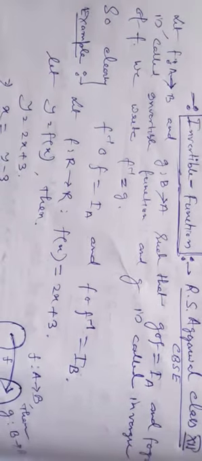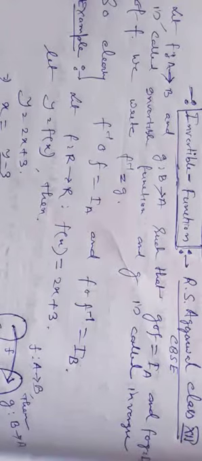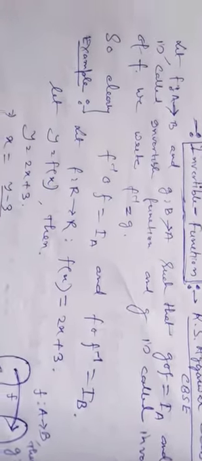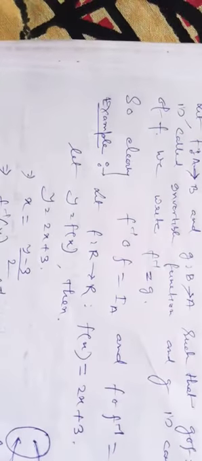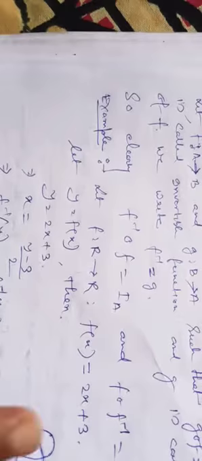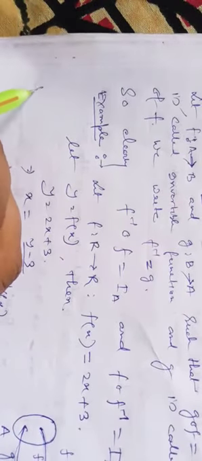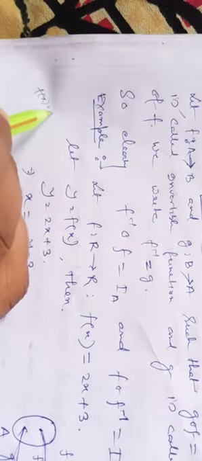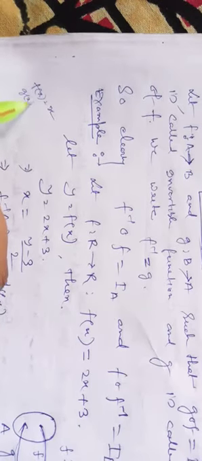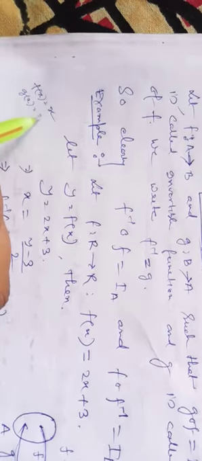Let us take one example to show the composition very briefly. Suppose f(x) is defined as x and g(x) is defined as 2x.